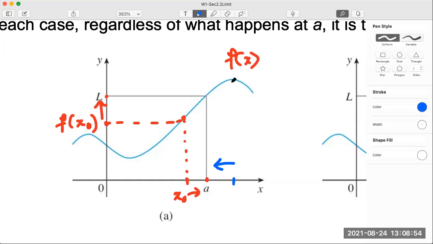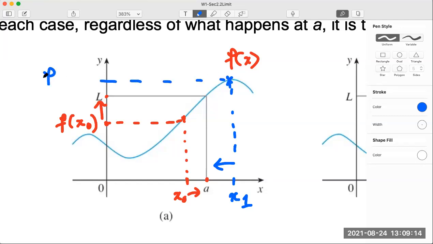Then we can find the value. Suppose this is x1, then the vertical line going through x1 cuts the curve at a point here, and from that point we project to the y-axis.